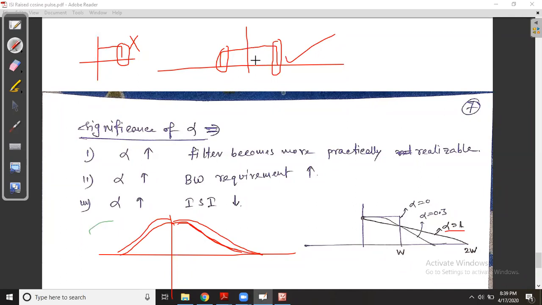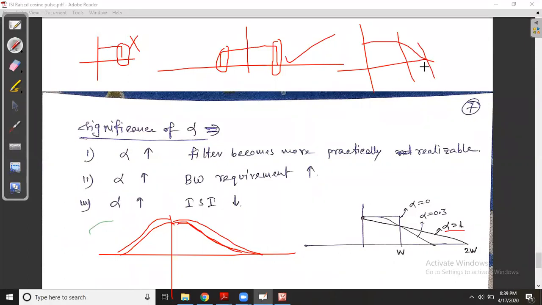So our target is to increase the value of alpha a little bit, not much, so that we get a pulse which is not a brick wall pulse, which has a little transition, like this.